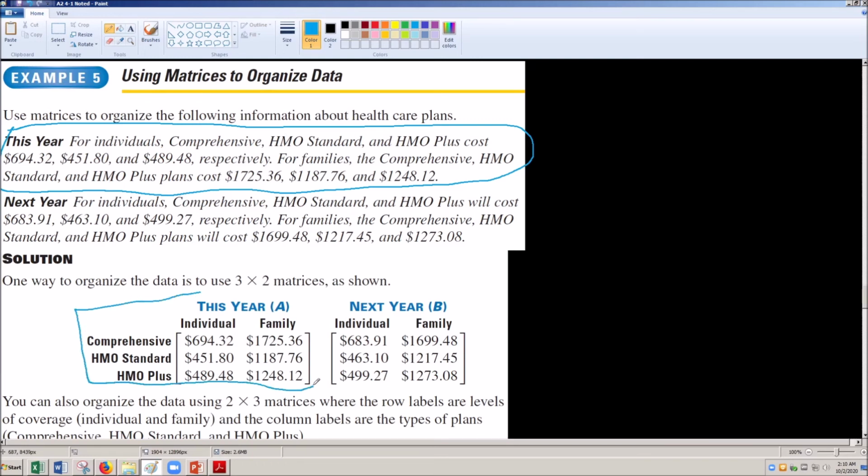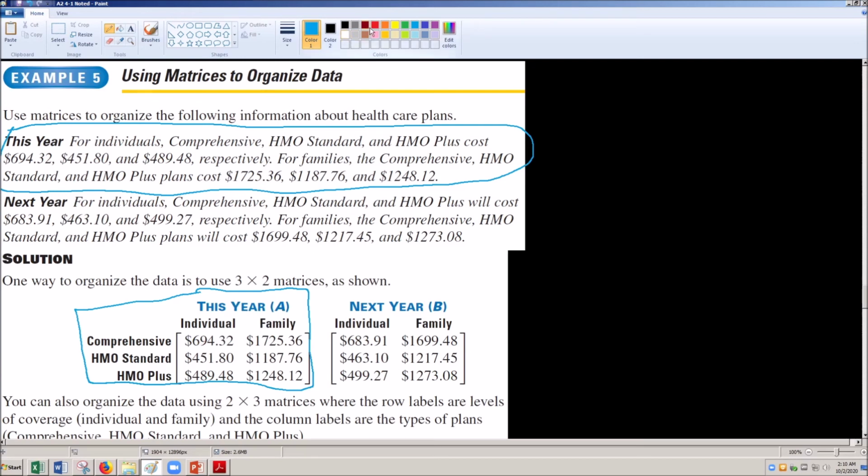It's a much cleaner way of organizing the information and just saying, okay, there's two types of plans, individual and family, right? There's comprehensive, HMO, and then HMO standard and HMO plus. So these are the three different plans, and these are the two buckets. You're either an individual or you're a family.